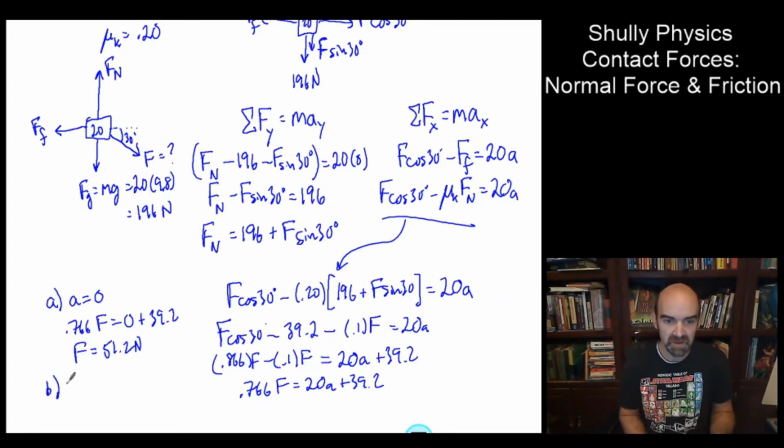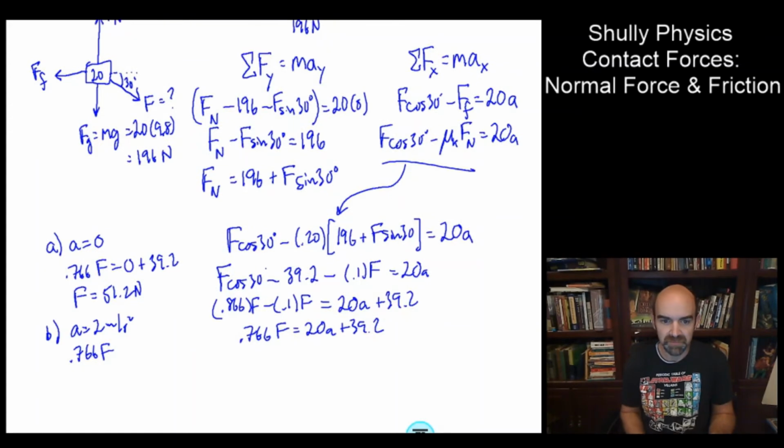And B, if A is 2 meters per second squared. All right, then we're just going to have 0.766 F equals 20 times 2 meters per second squared, plus 39.2.